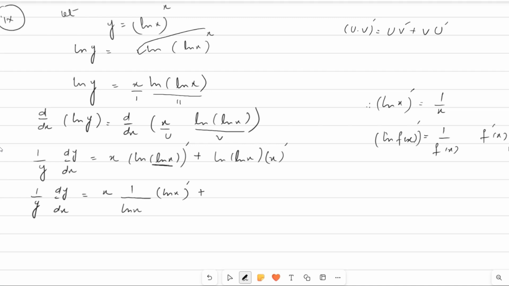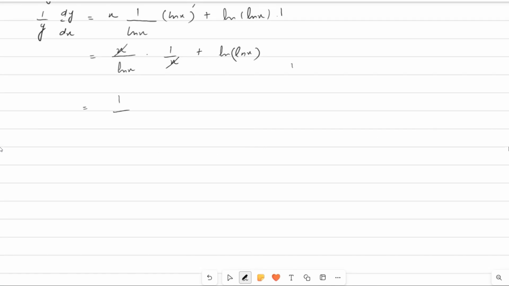Fine. Plus the derivative of x will be 1. We can write x by ln x into the ln x derivative, which will be again 1 upon x. Fine. Plus ln x. This x will be cancelled with this.